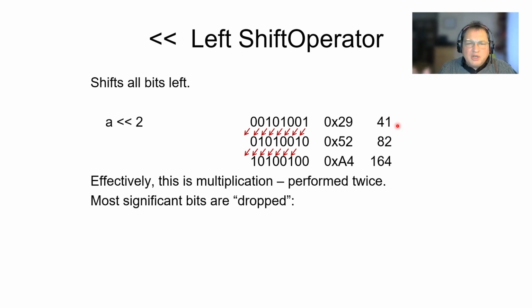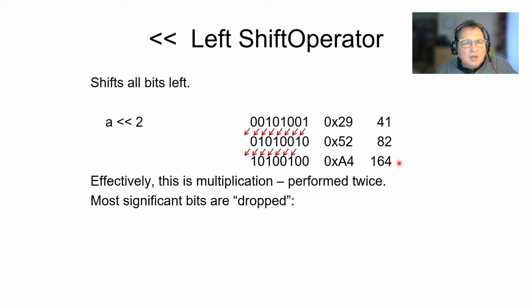Effectively, this is multiplication performed, and in fact, this is the fastest way in which we can do multiplication in C++. The problem is that we can, in this way, only multiply by 2 and powers of 2. So in this case, this is multiplication by 4. 41 times 4 is 164.